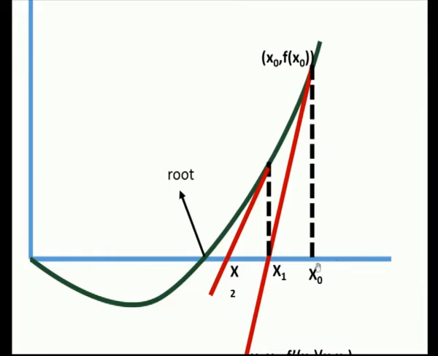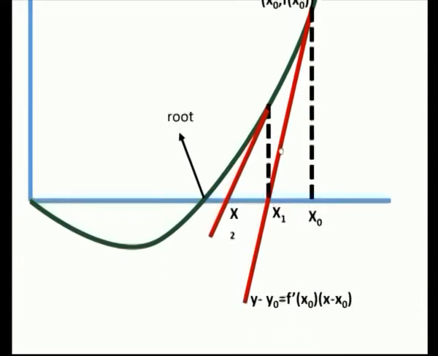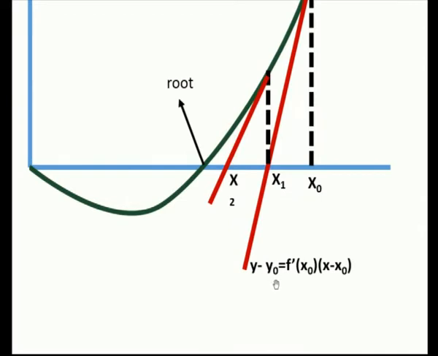What we do is we start with the point x naught. Consider the point on the curve x naught, f of x naught. At that point we are taking a tangent line to that curve. That equation is y minus y naught equal to f prime of x naught times x minus x naught. We want to capture this point, where the line meets the horizontal axis.